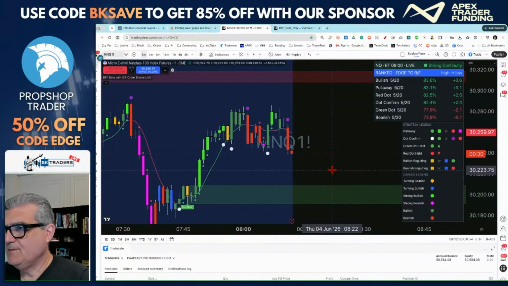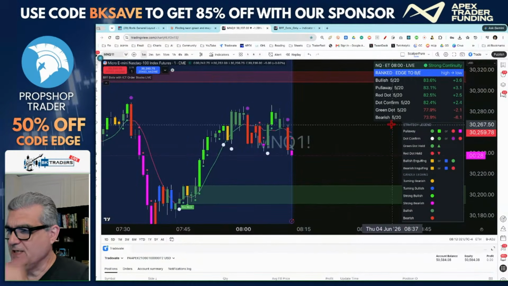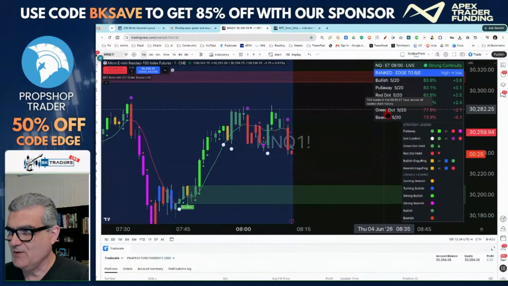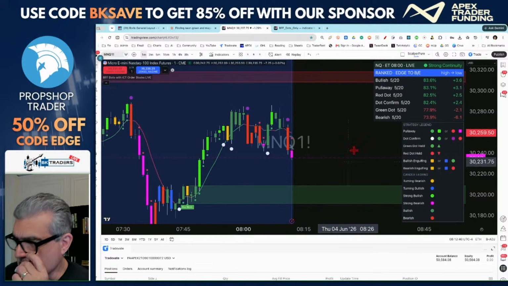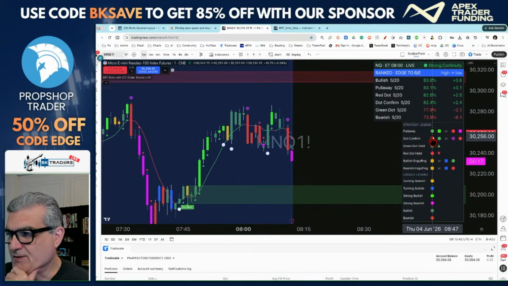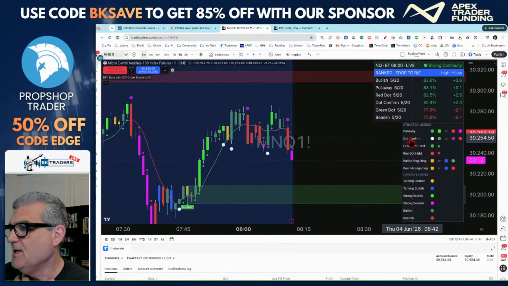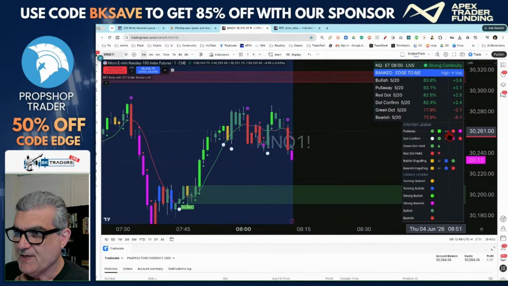One of the problems we had when trading London was that it was hard to explain which setup is which and what they look like. Hopefully this is a lot more intuitive. Basically, you see a white dot, green dot, or purple dot, red dot as a dot confirm. Pull away is simply the neon candle with a green dot, or a magenta candle with a red dot.